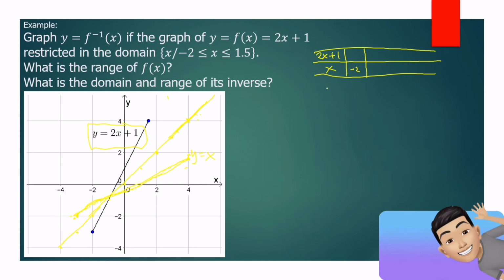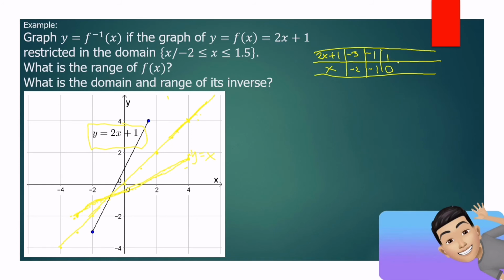So magiging 2 times negative 2, what's 2 times negative 2? Negative 4 plus 1, so it will become negative 3. Negative 1, try natin. Negative 1, so negative 2 plus 1. Correct? Sagot ay negative 1.